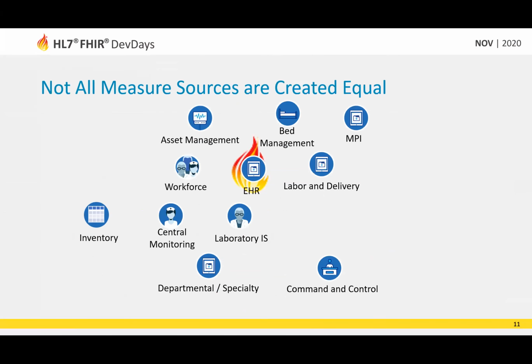Now, as we noted on the previous slide, some information systems are FHIR enabled. You can do FHIR queries against them, and they can be data sources that a measure computer can operate with. But other information systems that are perhaps close to the data that you need to get to may not be FHIR enabled.